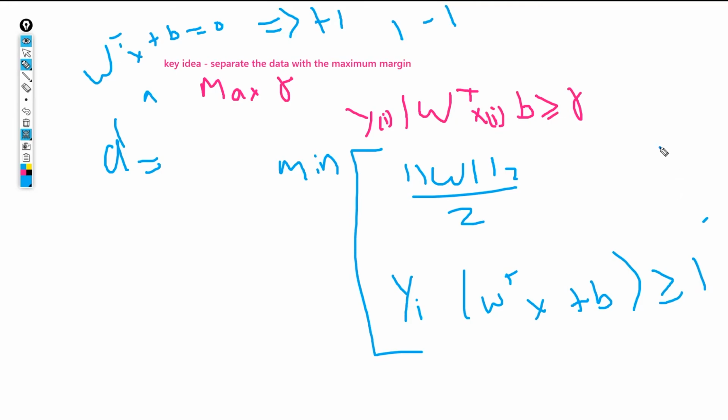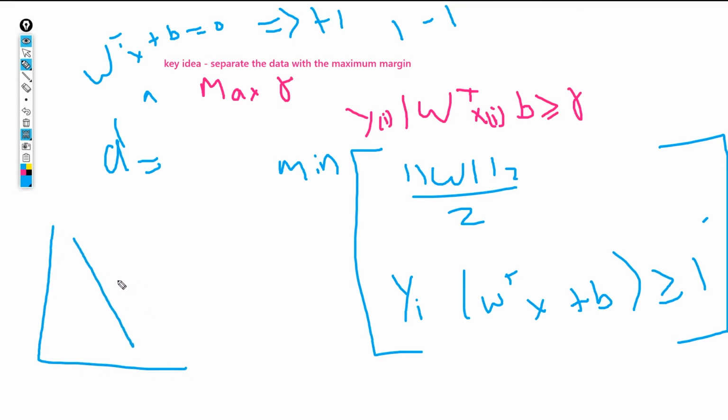And why do we have this constraint? Let me again write this. Let's suppose we have this line, we have this line, we have some point here, we have some point here. So what is this? This is 1, this is 0, this is -1.